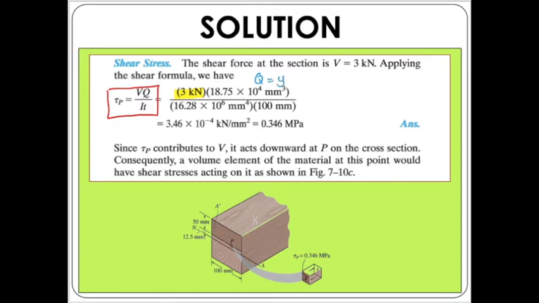Then we also have the I value that we calculated earlier, which is 16.28 times 10 to the power of 6, and also the thickness. As for the thickness or the width of the section, we know from the figure that for point P, where we want to determine the shear stress, the width of the section is 100 millimeters.